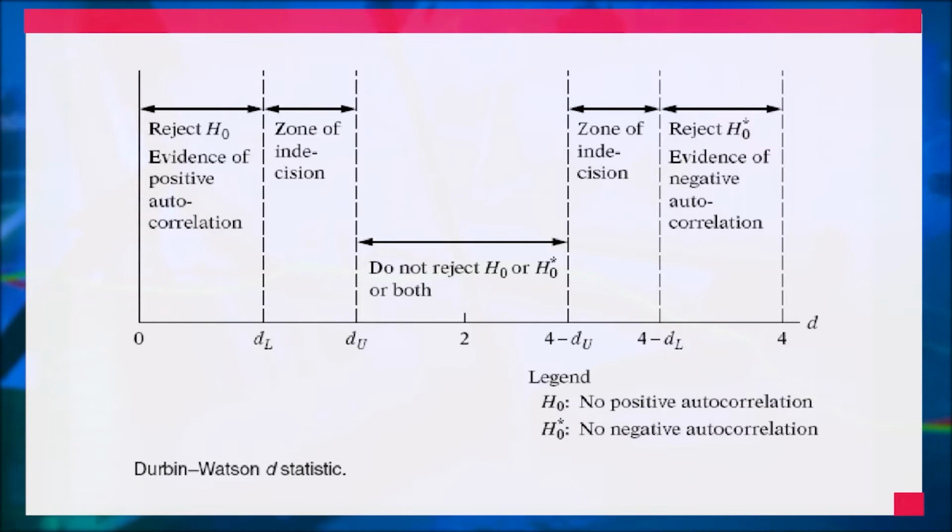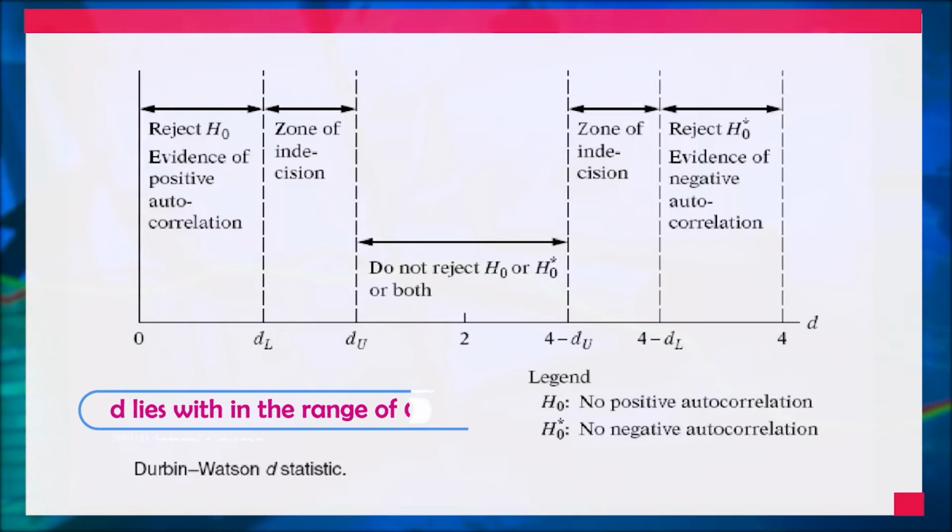But if we take the autocorrelation coefficient to be plus 1 or minus 1, then D will be minimum 0 and maximum 4.